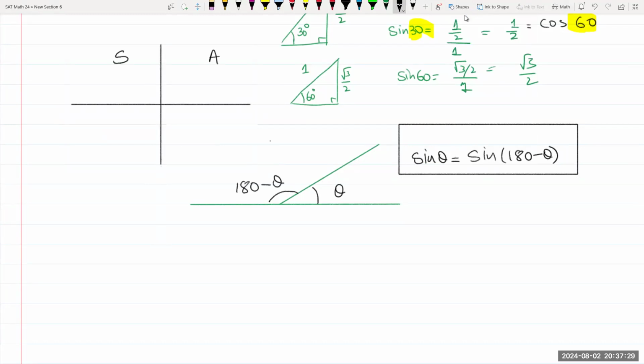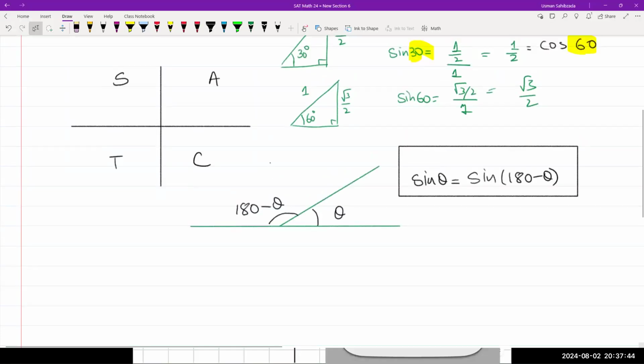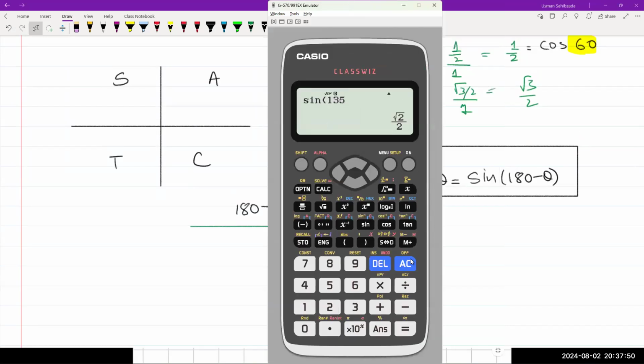We will eventually see that the trigonometric ratios switch around as you move from one place to the other. When I say place, I mean when you move from one quadrant to the other.